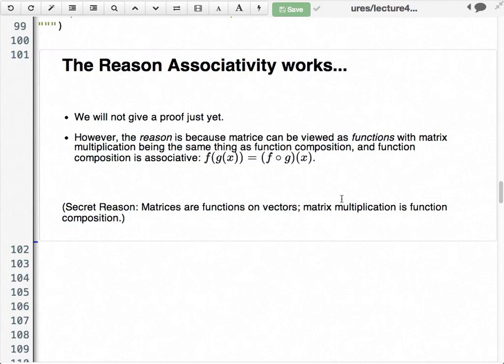Okay, so what's this have to do with the associative law? Well, matrices are the same thing as functions, or at least they give you functions, and matrix multiplication corresponds to function composition.